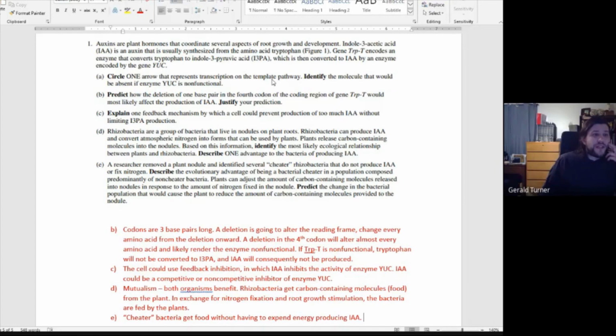We want to predict the change in the bacterial population that would cause the plant to reduce the number of carbon-containing molecules provided to the nodule.